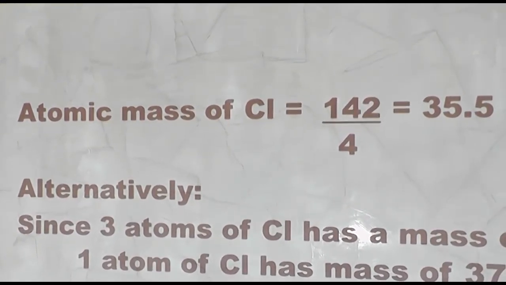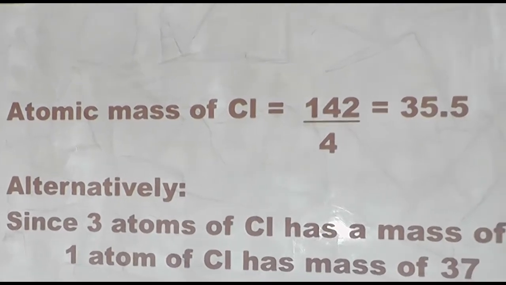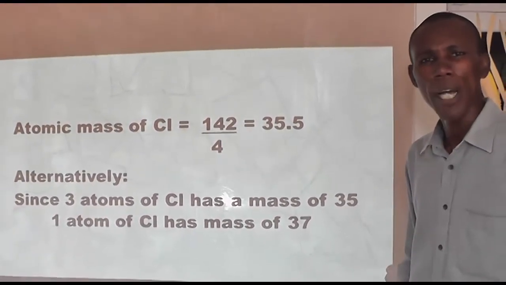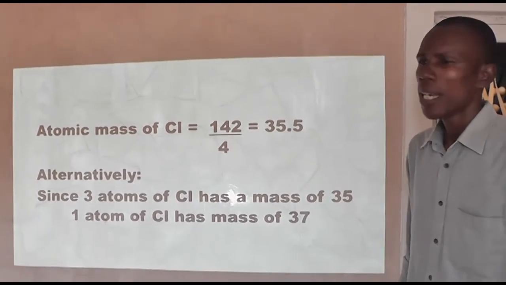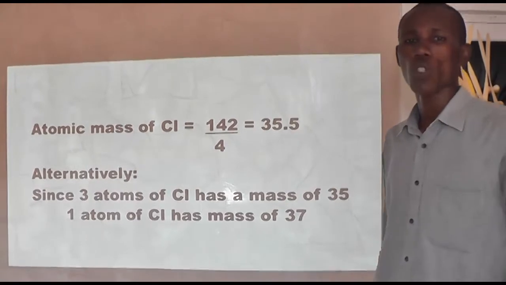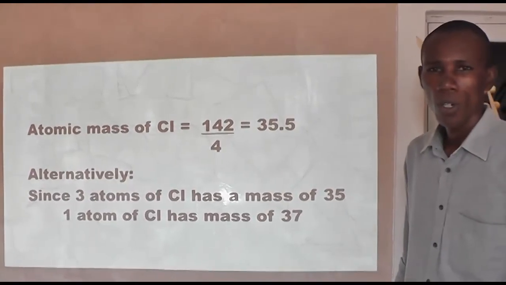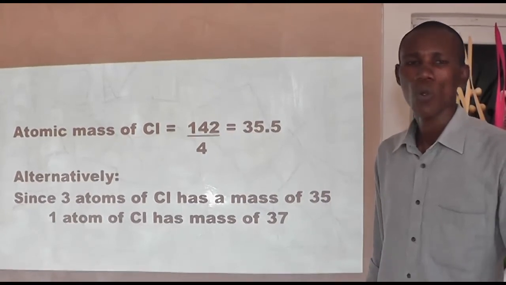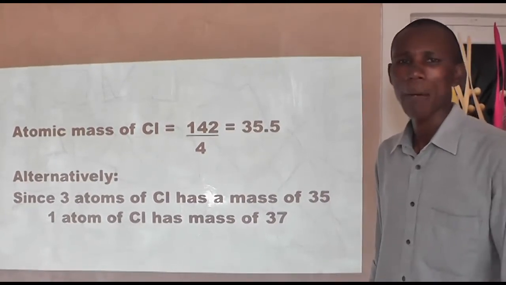Therefore, the relative atomic mass of chlorine atom is 35.5.